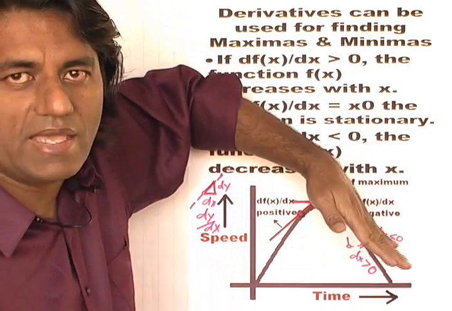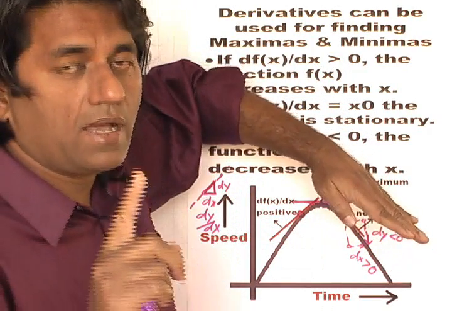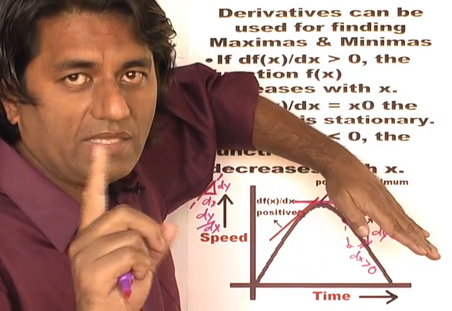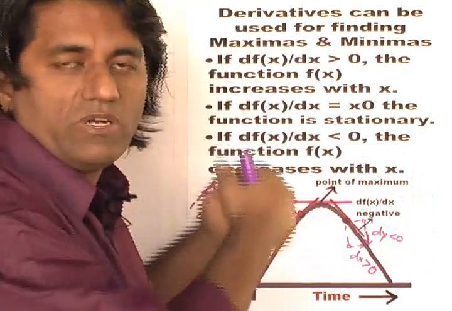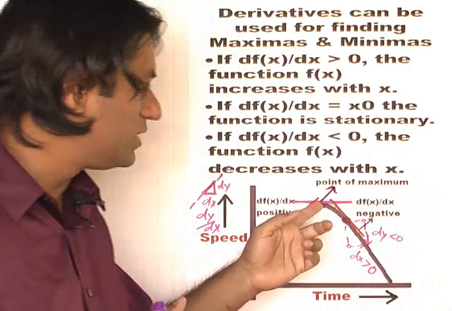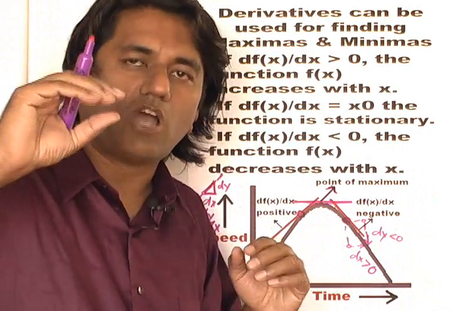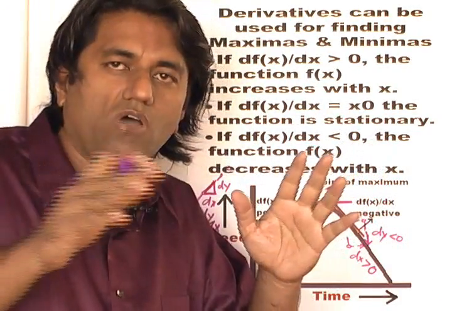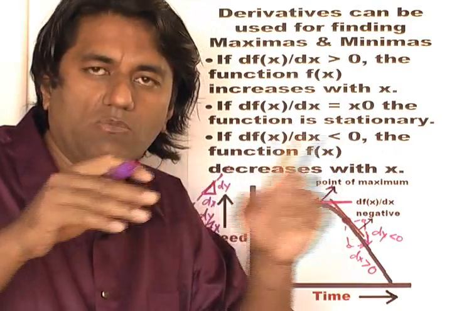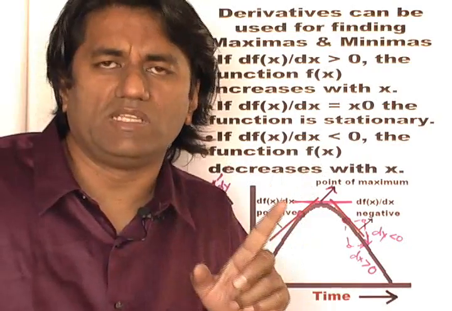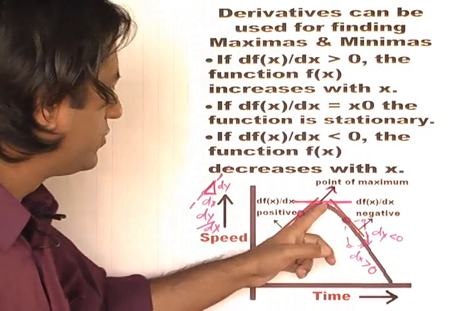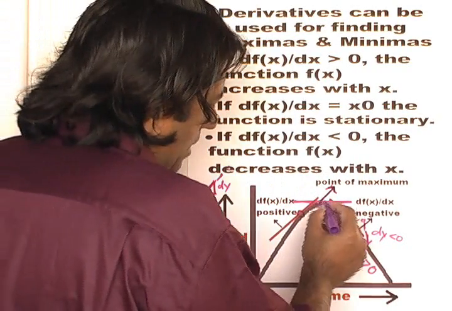Or if it was like this, I'll say that's not the peak either, because if I decrease x a bit, then y would increase. So the point at which y is at its very maximum, it neither increases nor decreases when you move in either direction. And so this is the point of maximum.